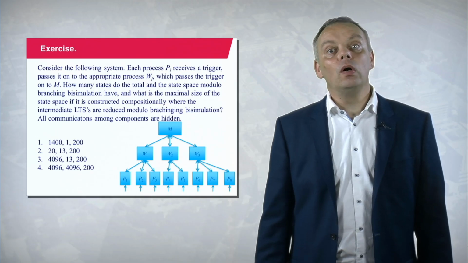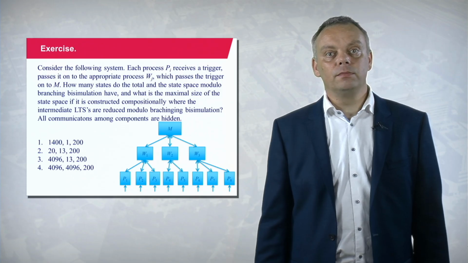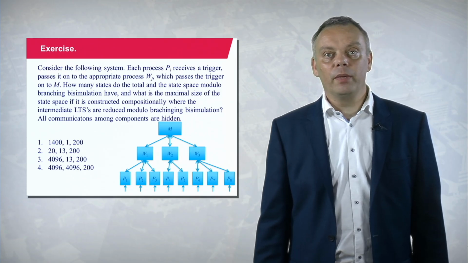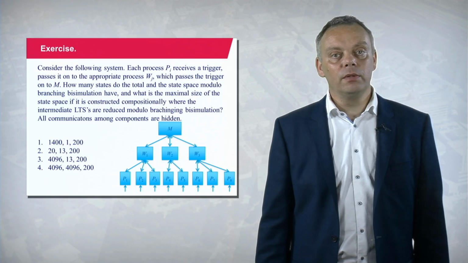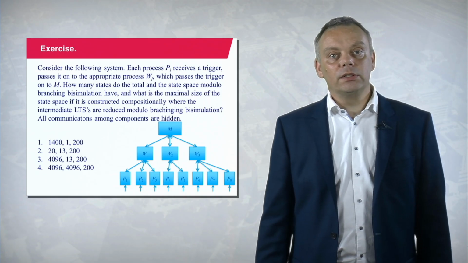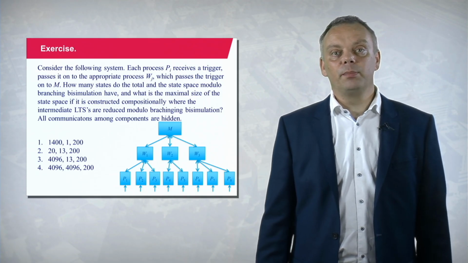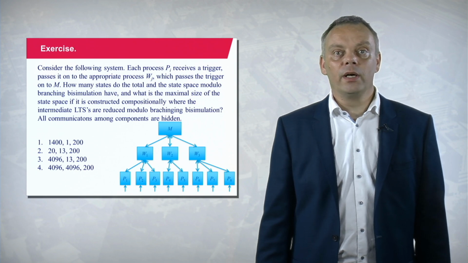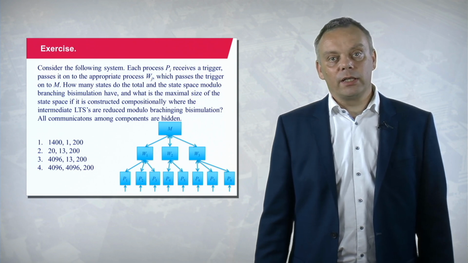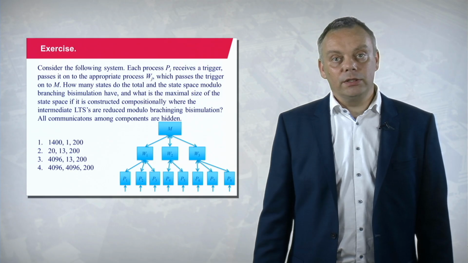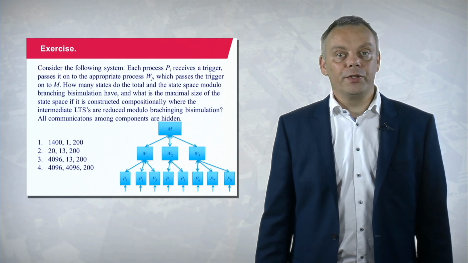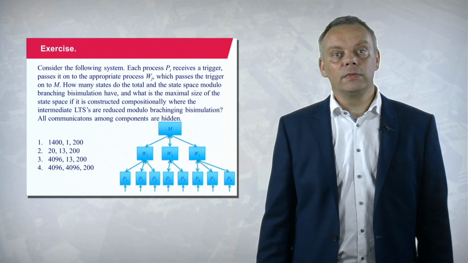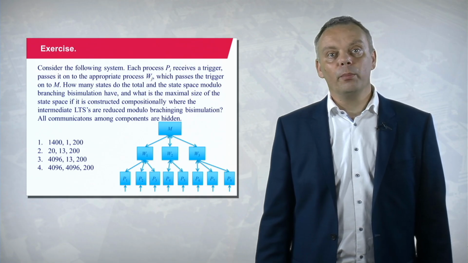If we hide all intermediate communication, so only the triggers at the bottom and the triggers at the top remain visible, then the question is, what is the size of the whole state space? That's the first number in the answers. The second question is, what is the size of the system modulo branching bisimulation?